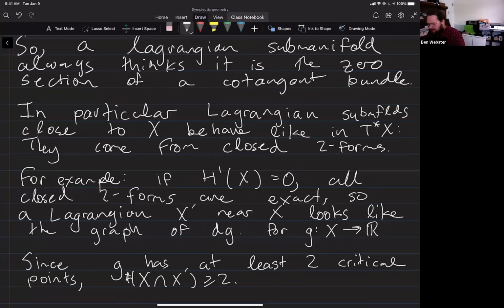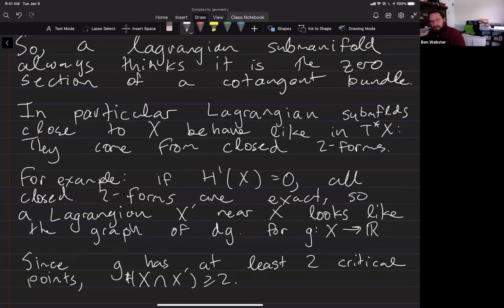The one thing I'll say is that, up to things you can see using symplectic geometry, Lagrangian submanifolds always look like the zero section of a cotangent bundle. One interesting thing I wanted to spotlight is that this means Lagrangian submanifolds very close to your chosen one look a certain way.